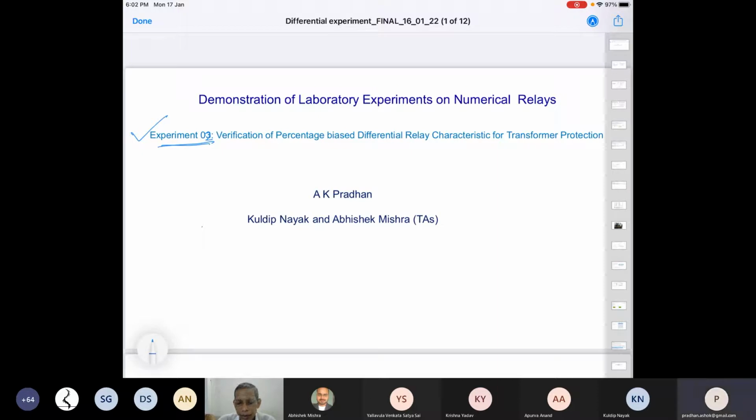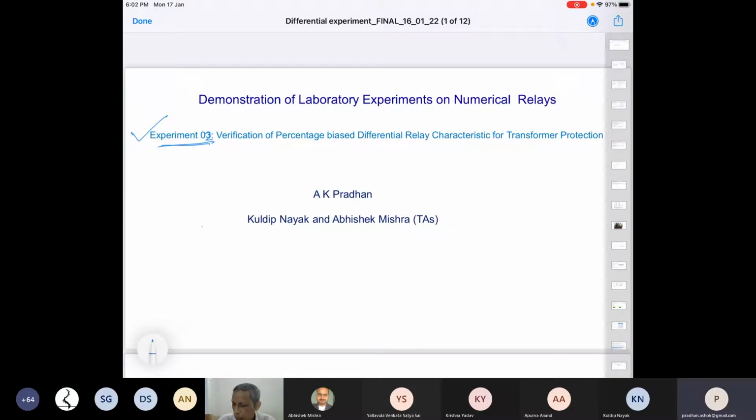So then, I was telling the other day also that there are numerous forms of relays. We talk about overcurrent, today we'll talk about differential. Also I talk about transmission line protection, distance relay, directional relay also we'll discuss.